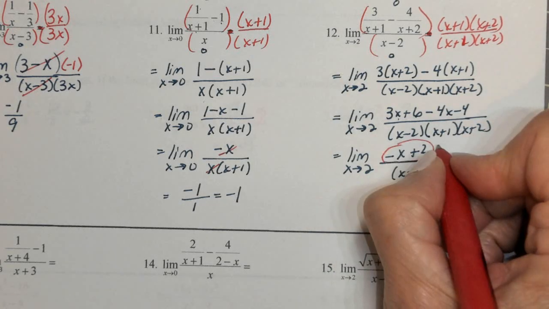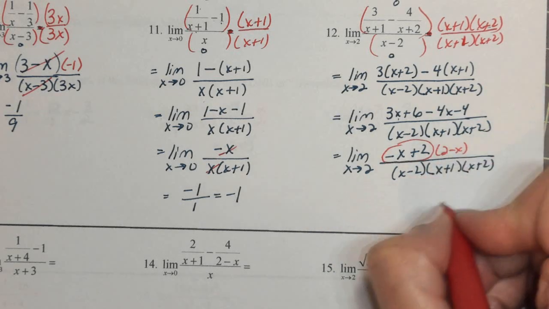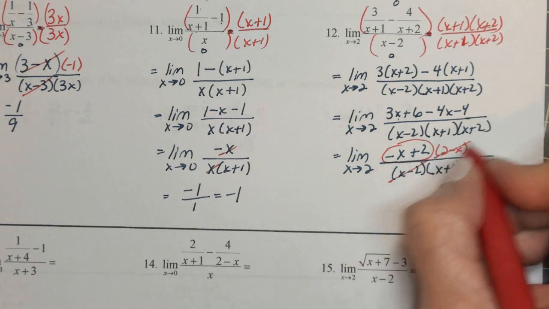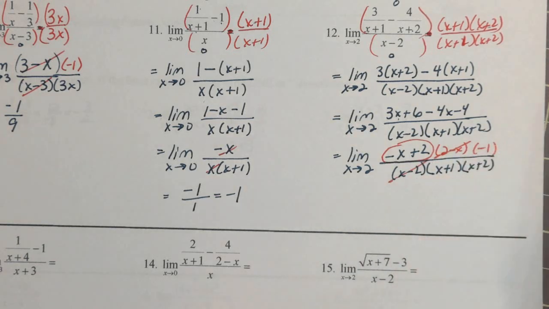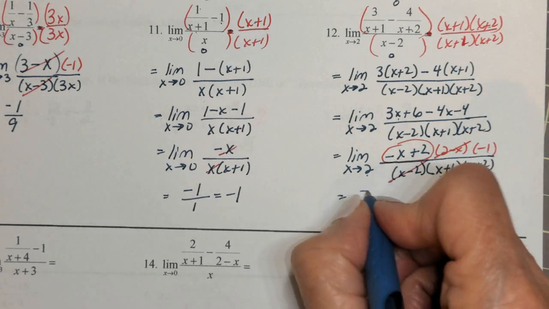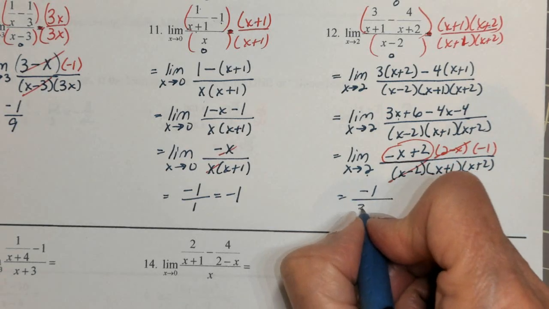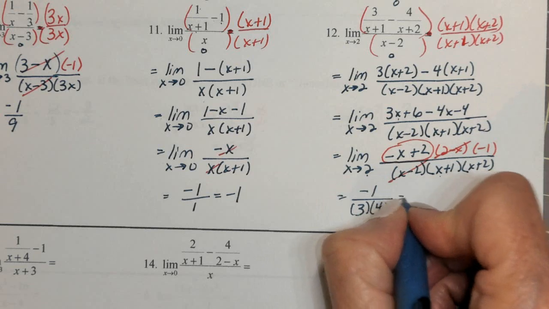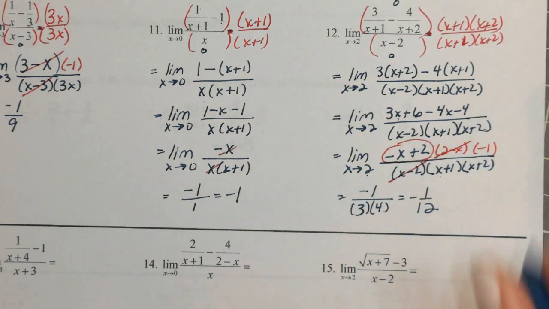Negative x plus 2 is the same as 2 minus x. That reduces with this and leaves a negative 1. Now I'm going to put 2 into the remaining x. I have negative 1 over 3 times 4, negative 1/12.